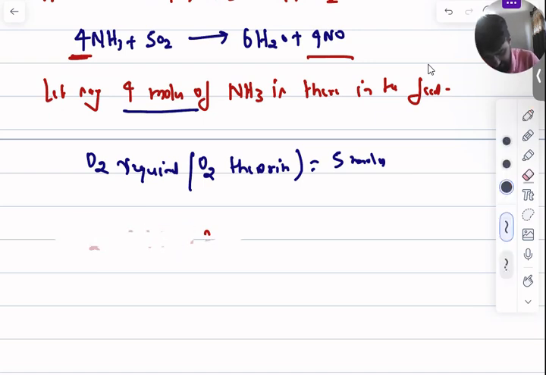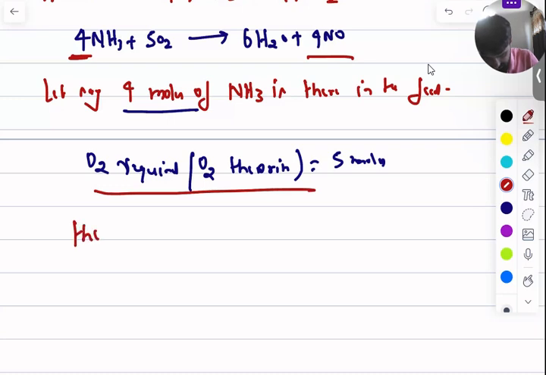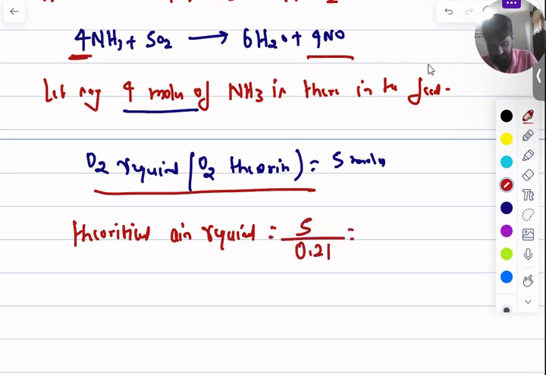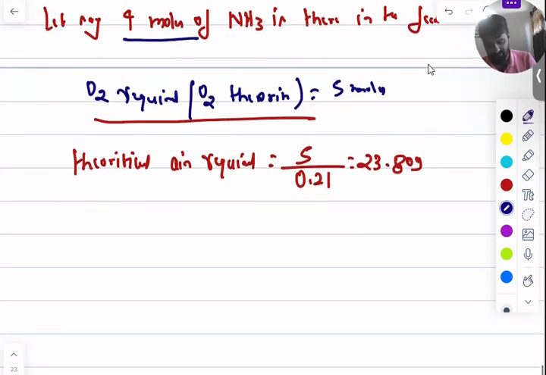Since we are supposed to calculate theoretical amount of air, how much air is required? Theoretical air requirement now you'll calculate. So this is theoretical oxygen requirement. So 5 divided by 0.21, right? 21% oxygen will be there in the air. So that will give you 23.809. So you have calculated theoretical air requirement.